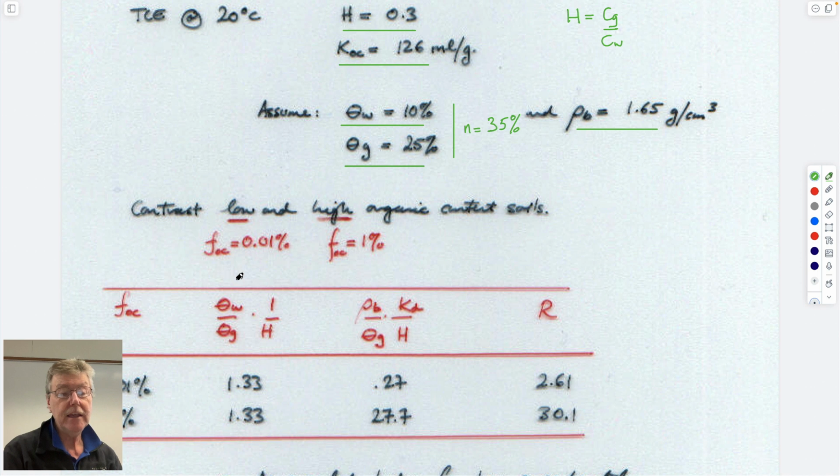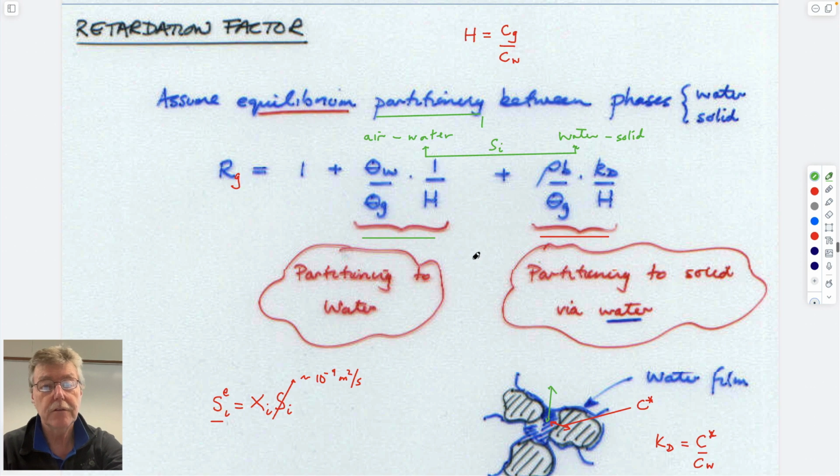So if you calculate, what is this? This is air-water. This is water-solid. These coefficients here.